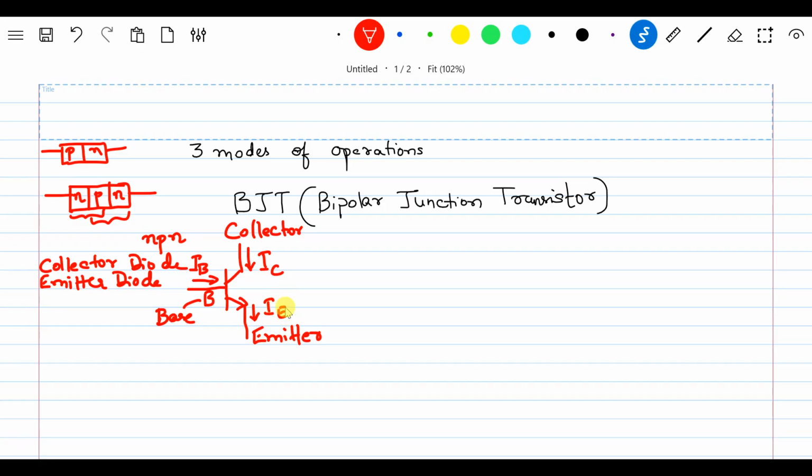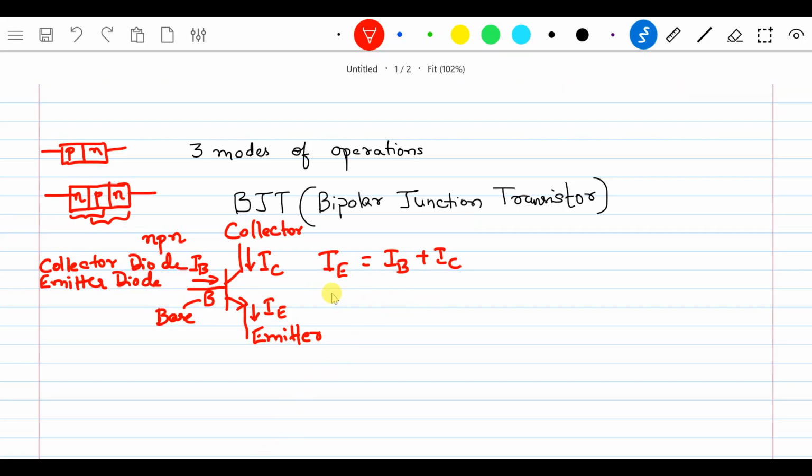Always keep in mind that the base current and collector current will flow towards the transistor, whereas the emitter current will flow away from the transistor. Because we normally write the equation IE equals IB plus IC. This is the actual equation for any transistor: the emitter current is always equal to the base current added to the collector current.